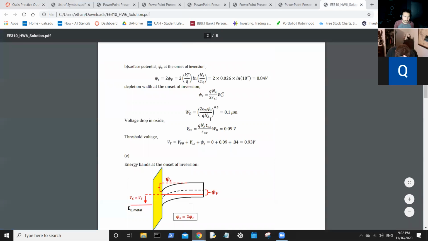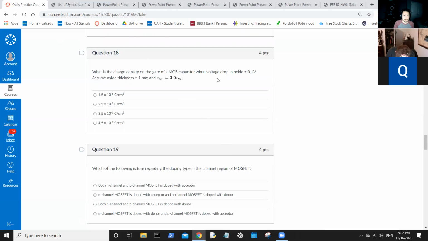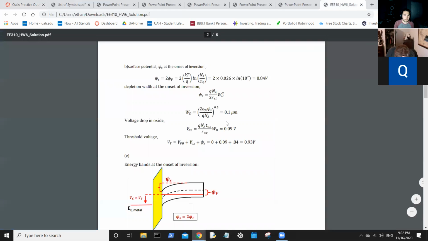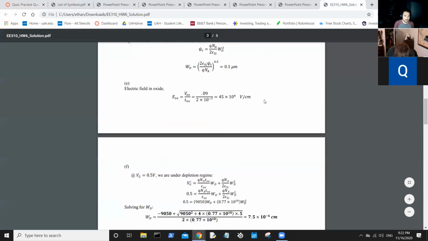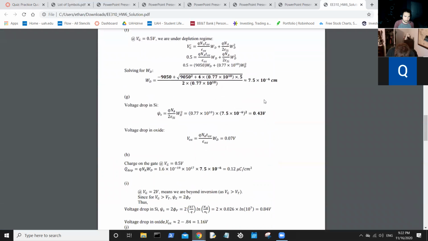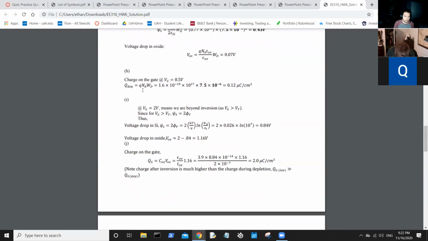So it gave us all these different pieces of information, and then it's asking for charge density. There's an equation later on where we do charge density. Yeah, it's right here. Charge on the gate is Q times your doping density times your WD.